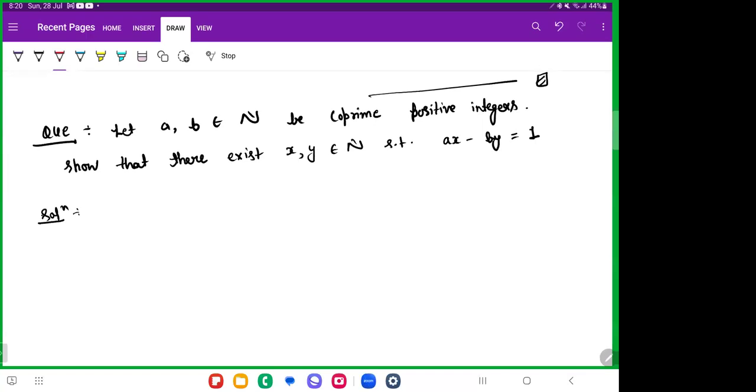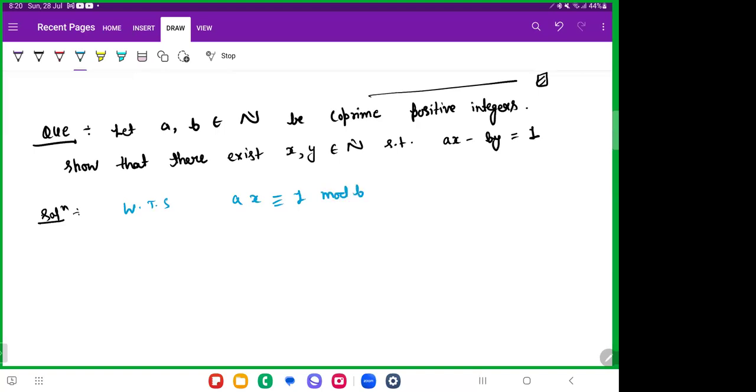So we have a and b in natural numbers, such that there exist x and y in natural numbers such that ax is congruent to... Okay. So what does this mean? We want to show ax is congruent to 1 mod b.